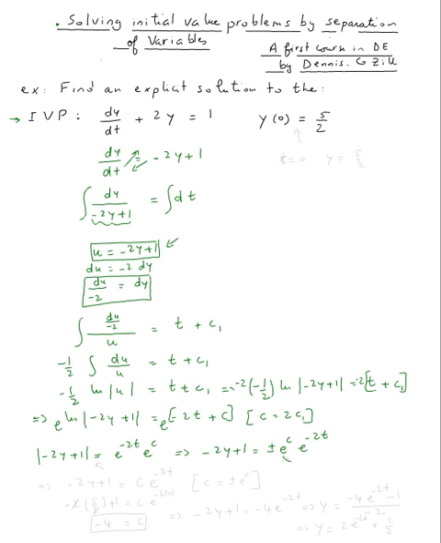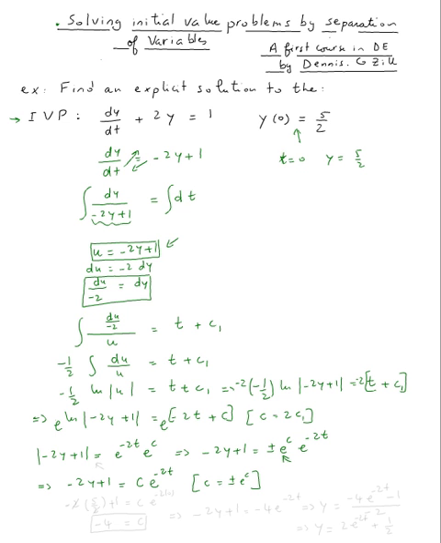Now I'm going to call this a C. So negative 2y plus 1 is equal to some big C times e to the negative 2t, where my C happens to be minus or plus e to the c. Now let's use the initial condition. The initial condition says when t is 0, y is 5 over 2.